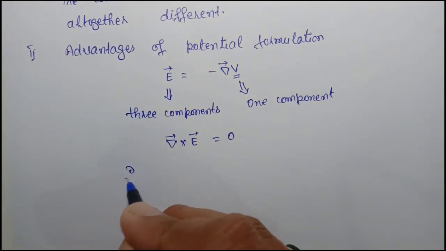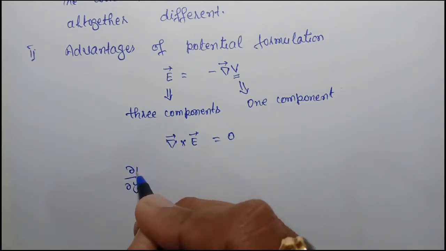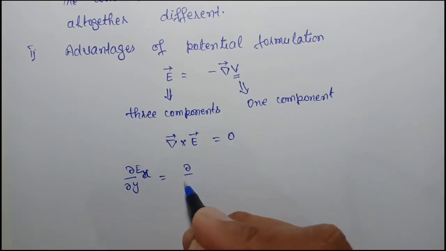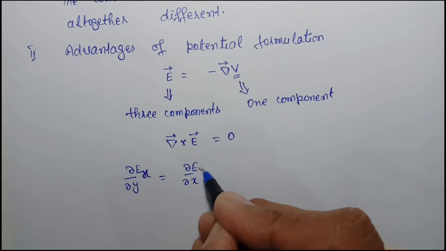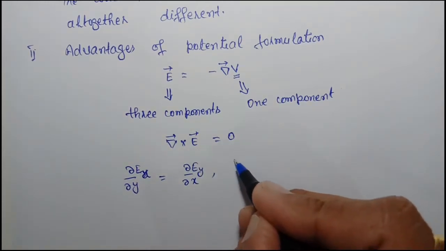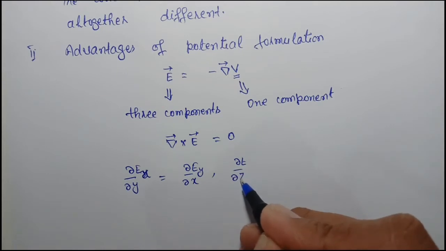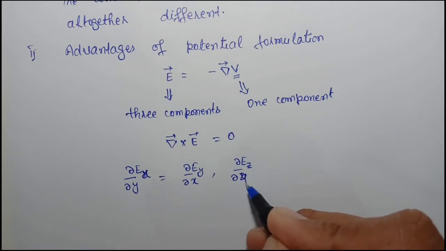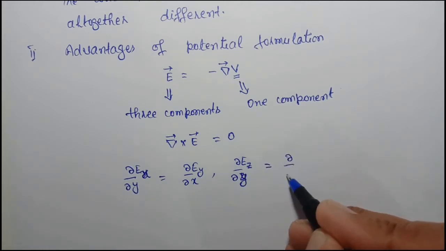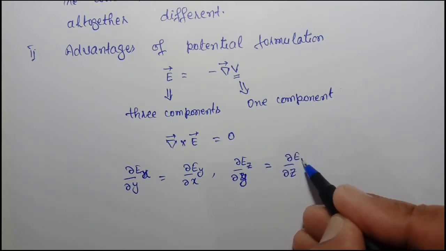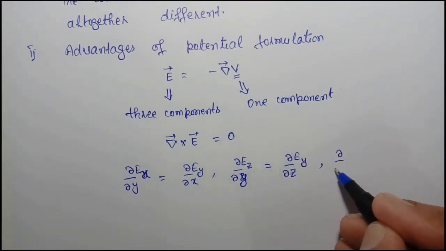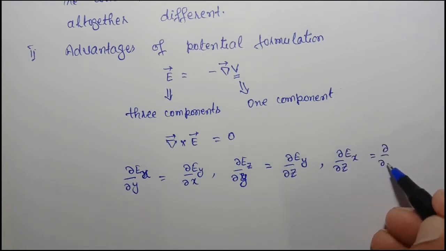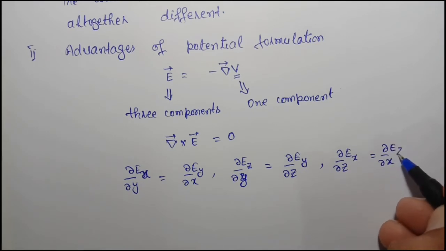For example, we have ∂/∂y Ex equals ∂/∂x Ey, and ∂/∂y Ez equals ∂/∂z Ey, and ∂/∂z Ex equals ∂/∂x Ez.